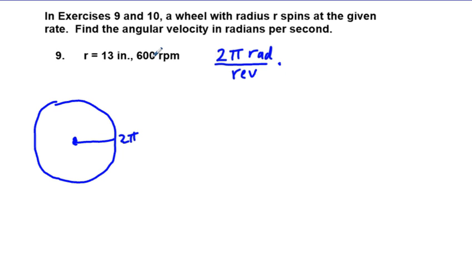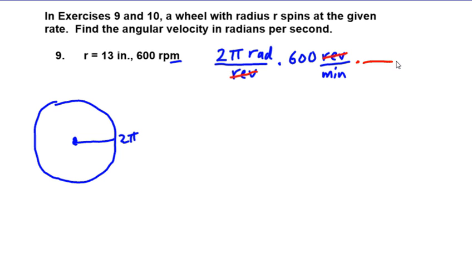And we are rotating at 600 revolutions per minute. And we cancel what we have divided by each other. Revolutions over revolutions cancel, so we have radians per minute.